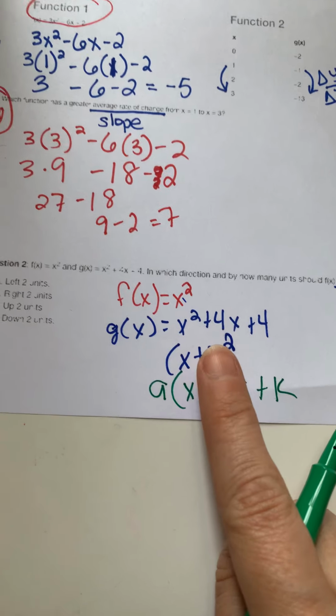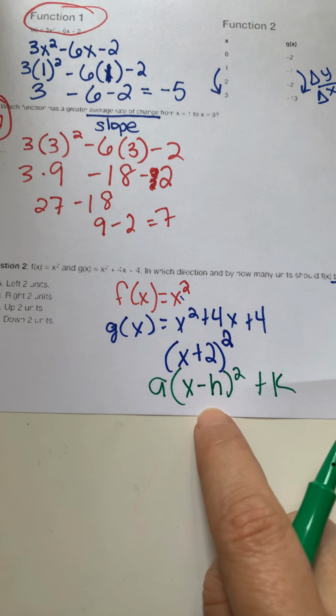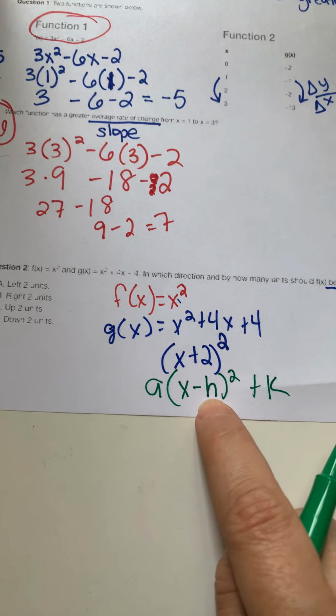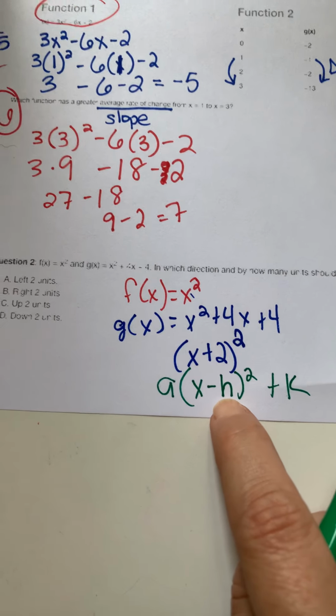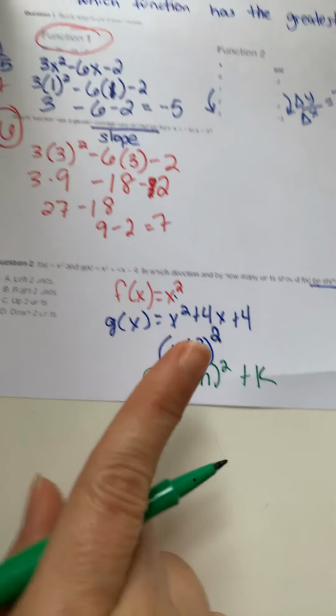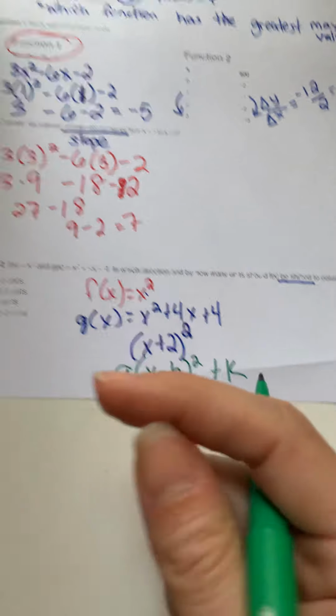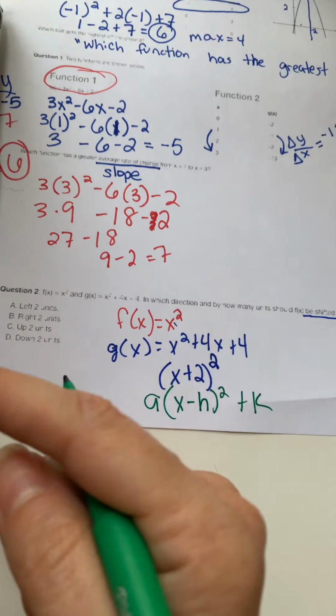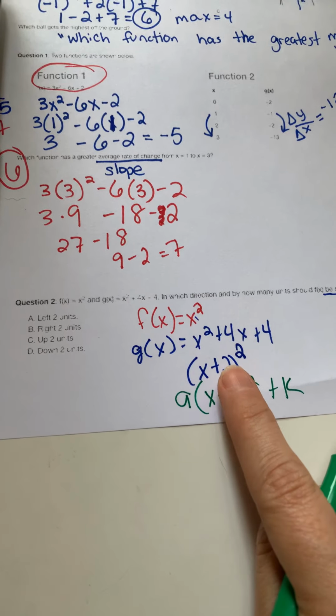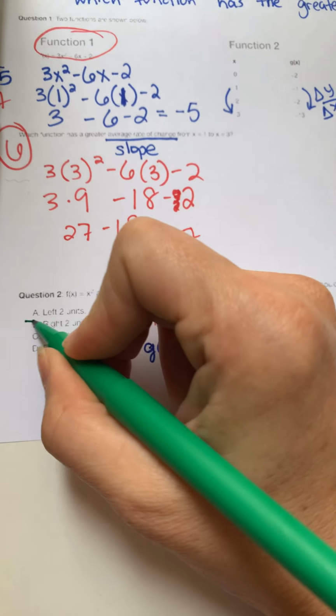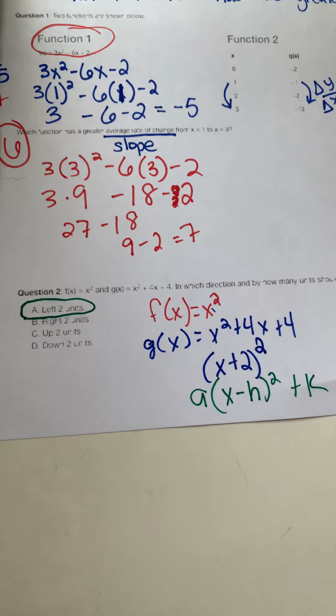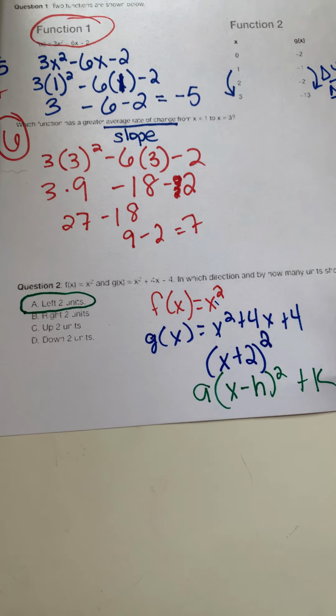So remember, whatever you do to your x, it does the opposite because it's already minus here. So even though you think x plus 2, I'm going to go to the right. No, remember, it goes the other direction. So in this, since I'm adding 2 to x, I'm going to go to the left 2 units.